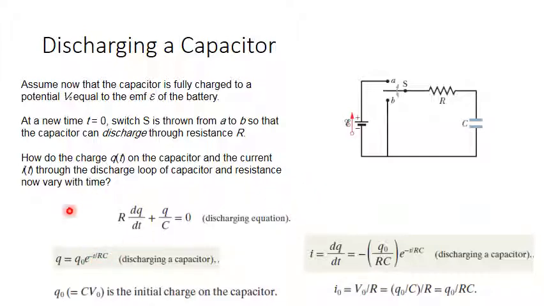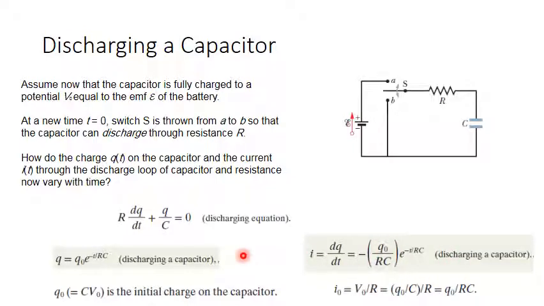So in the case of this discharging, everything is decaying. The charge is decaying, the current is decaying, and the potential across the capacitor is decaying. And all of them are decaying exponentially with the factor e to the power minus t over RC.